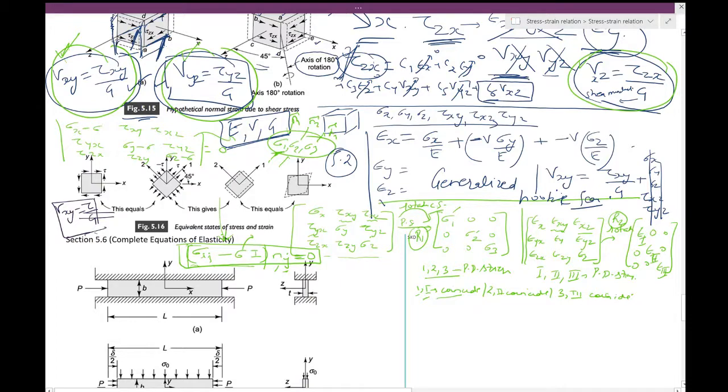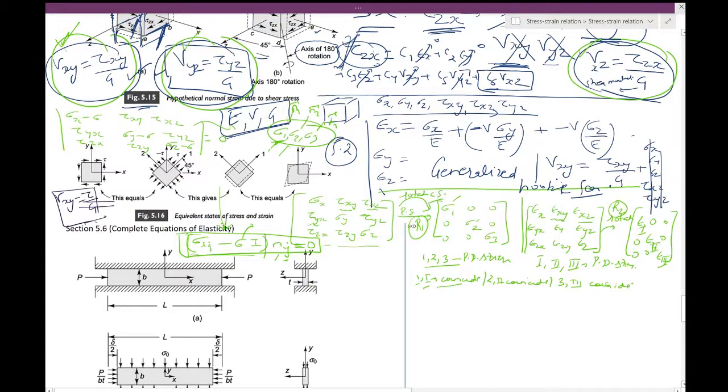Now it is possible to obtain another expression for gamma xy, and what would that be? So to do this, we would want to proceed with a different way. So let's just do that once.